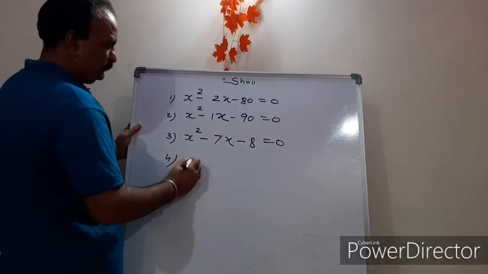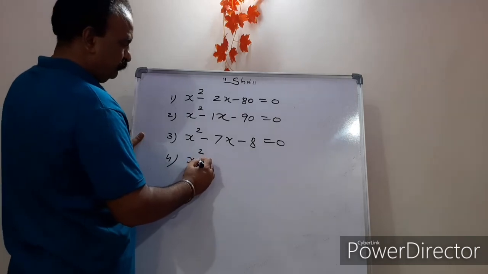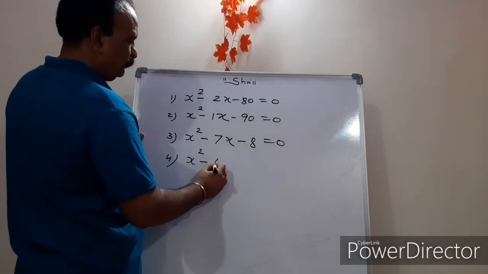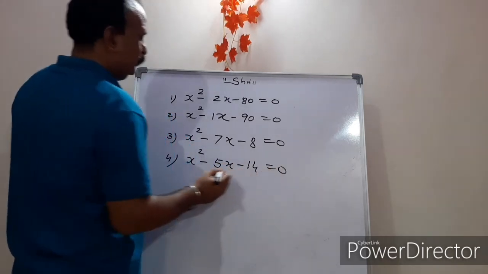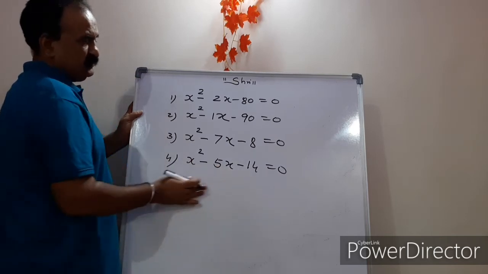Fourth question is x square minus 5x minus 14 equal to 0. These are the questions based on yesterday's lecture.